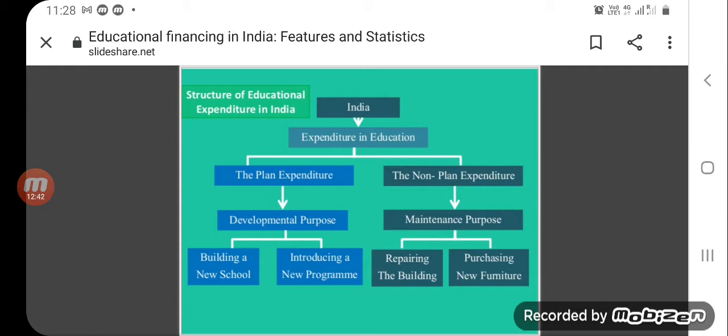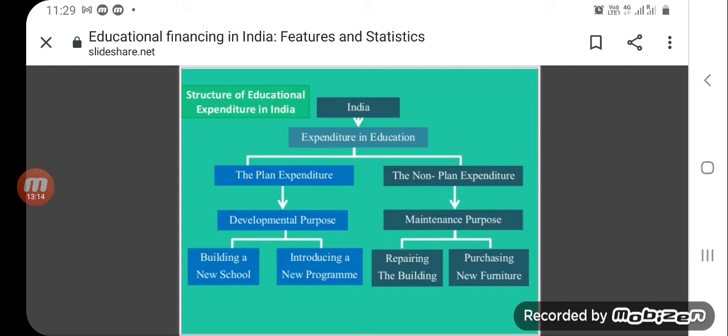then it comes under non-plan expenditure, because non-plan expenditure is for maintenance purposes, repairing the building or purchasing new furniture. See, if you want to provide computer labs for each and every school in your country, then when you start, the fund comes under planned expenditure.